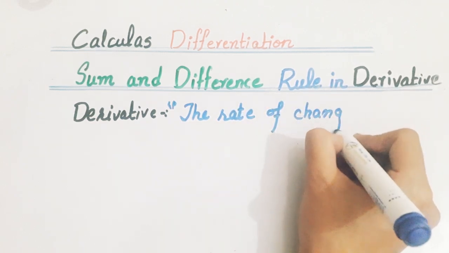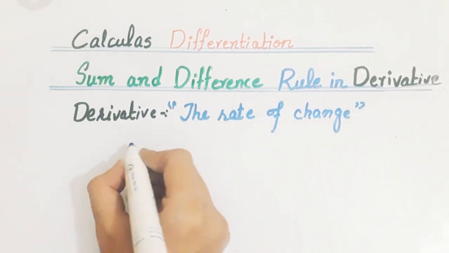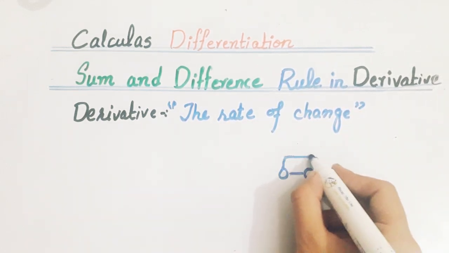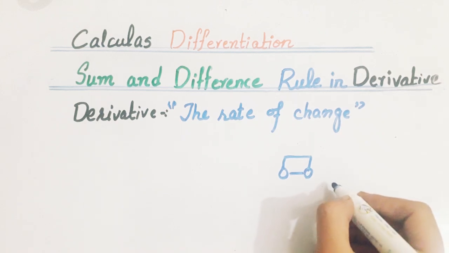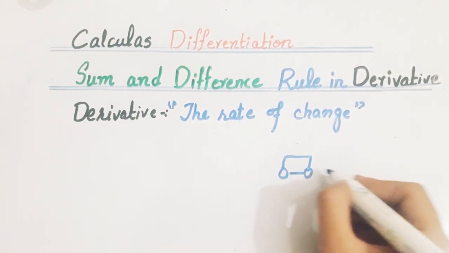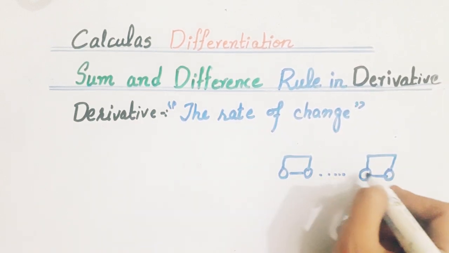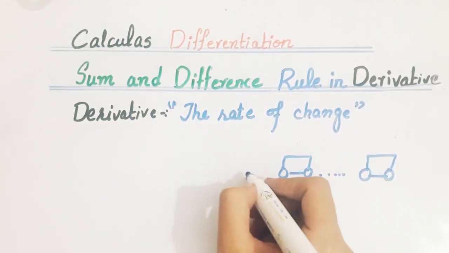The rate of change is called derivative. If you are driving a car or a truck, simply the derivative is your speed. Then after some time you will be here. Then the derivative only tells the speed.